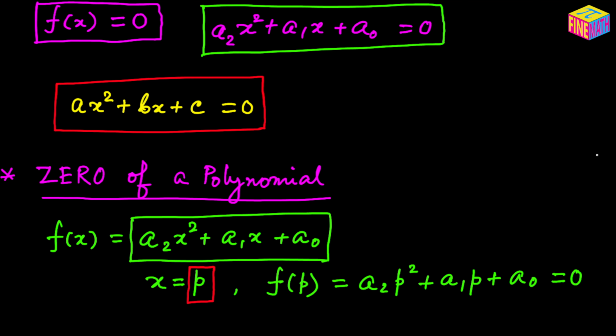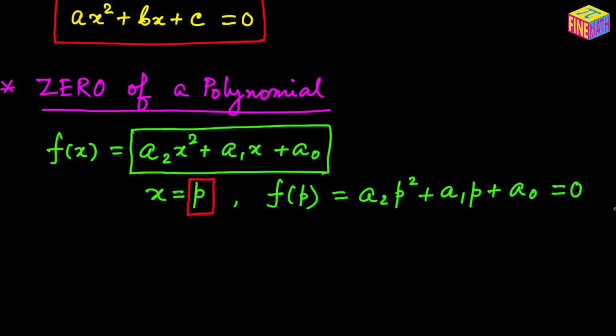So let me write it down: it is a 0 of f of x. In this example it is f of x. So it's a particular value of x for which the polynomial expression will evaluate to 0. That value is called the 0 of a polynomial.